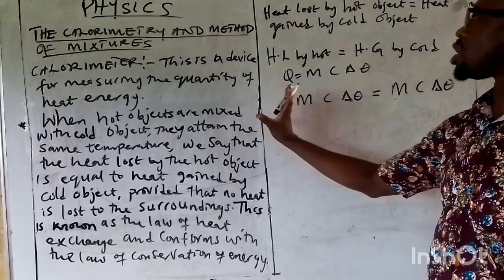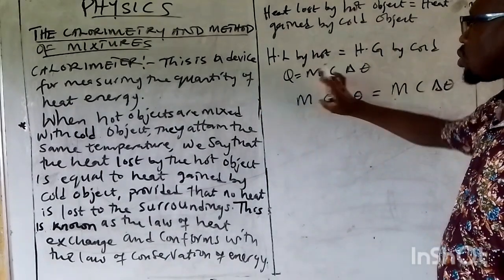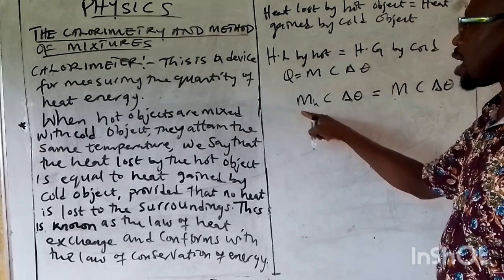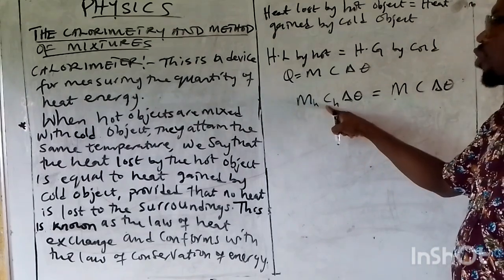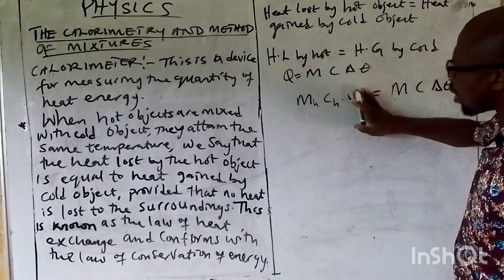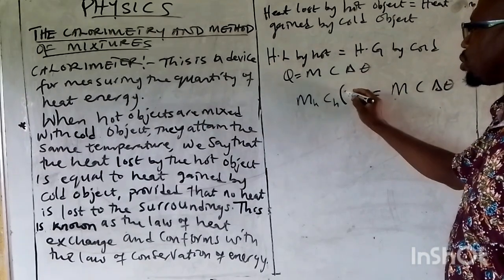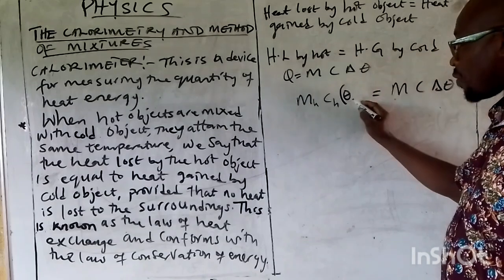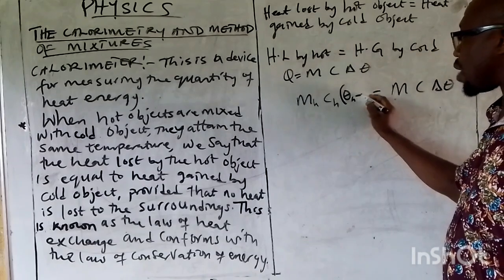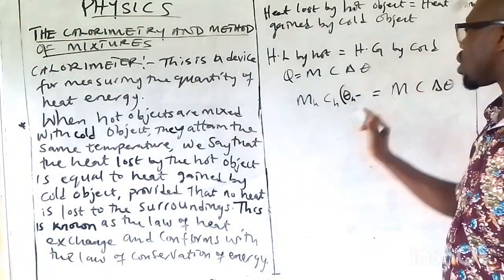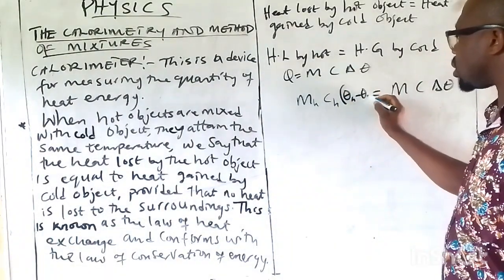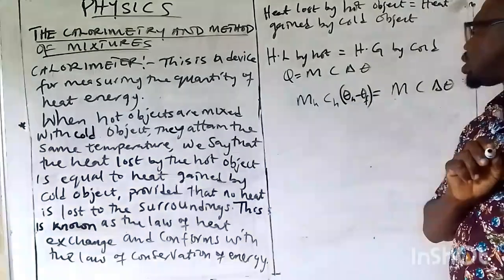This one is losing heat, so this is the hot object. We put mH, mass of hot object, and cH, specific heat capacity of hot object. And we rewrite this with the temperature of the hot object minus the final temperature, because when you mix them they have a common temperature, the final temperature.